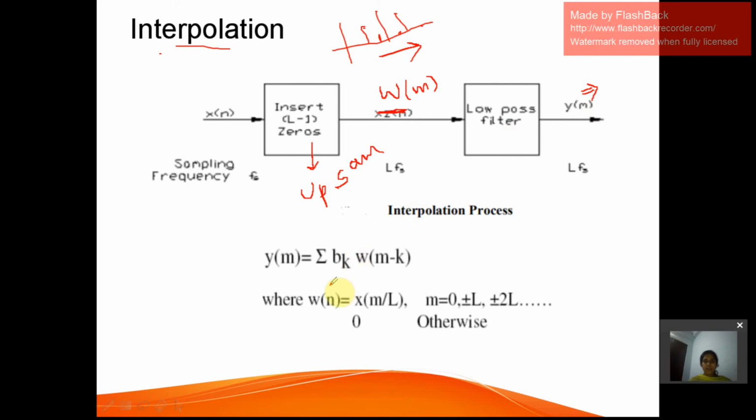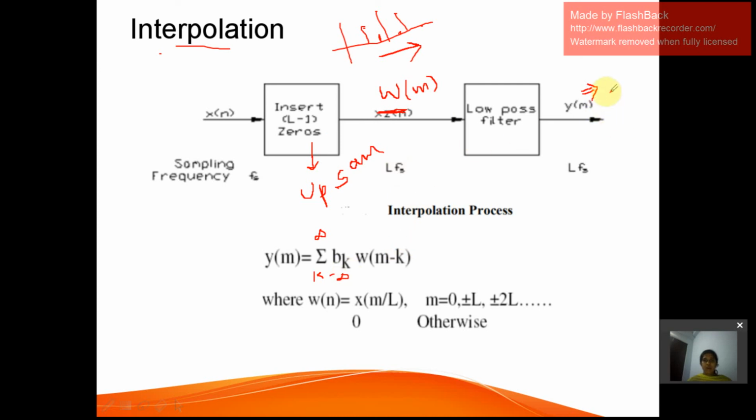So simply we can write Y of m is equal to the sum of bk times W of m minus k, from k equal to minus infinity to infinity. What is bk? The coefficients of the low pass filter. And W of m is the upsampled version of the input sequence.